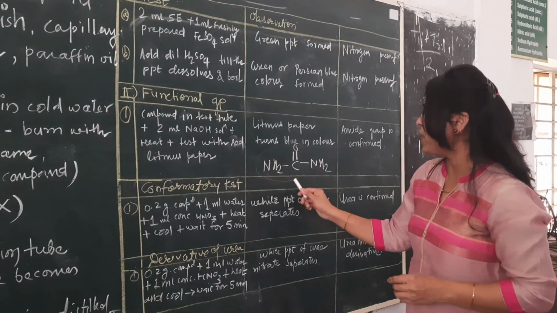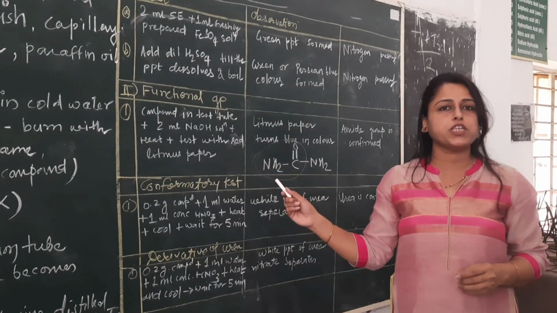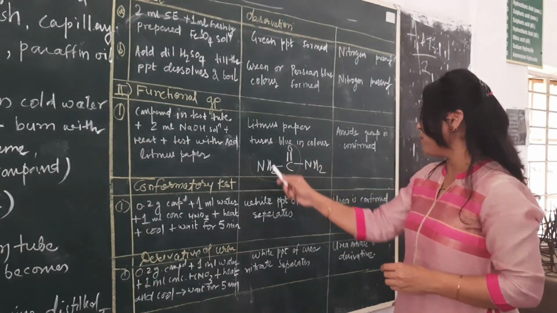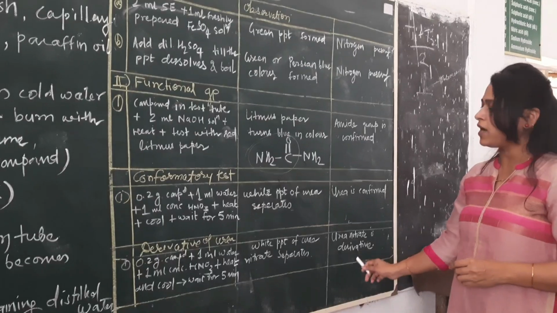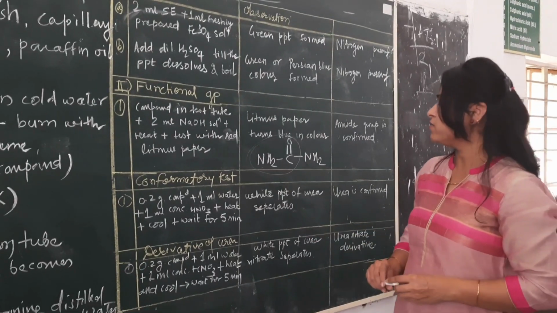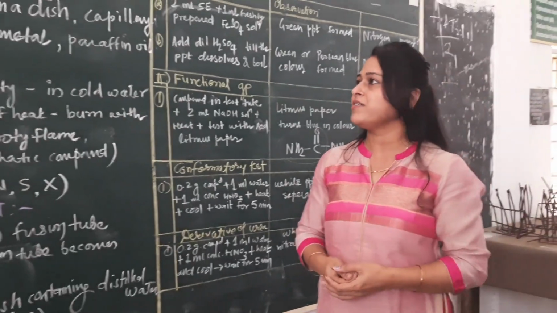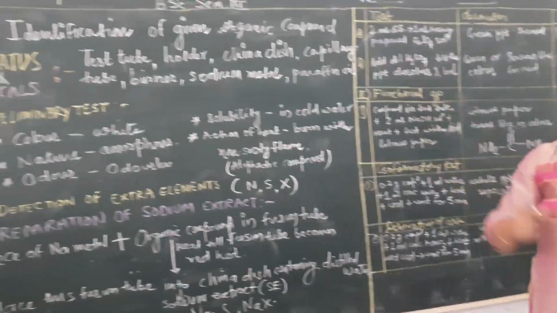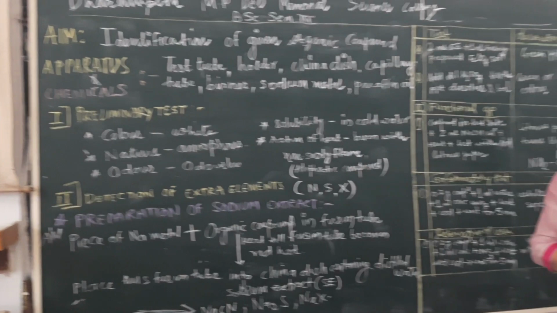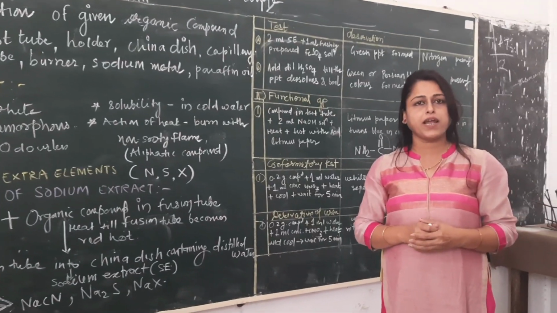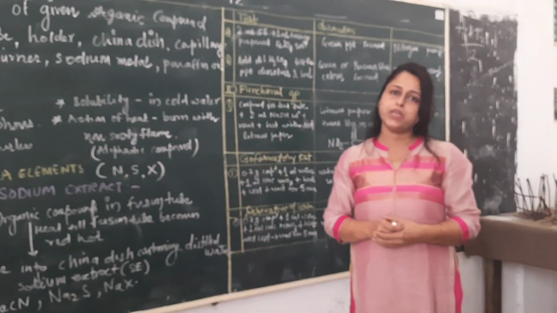Also this is the amide group, so that's why we get a positive test for amide. And we have prepared the derivative, urea nitrate, which is a white precipitate. So all this is about the experiment, that is identification of the given unknown organic compound. And in the result we will write that the given organic compound is nothing but urea.